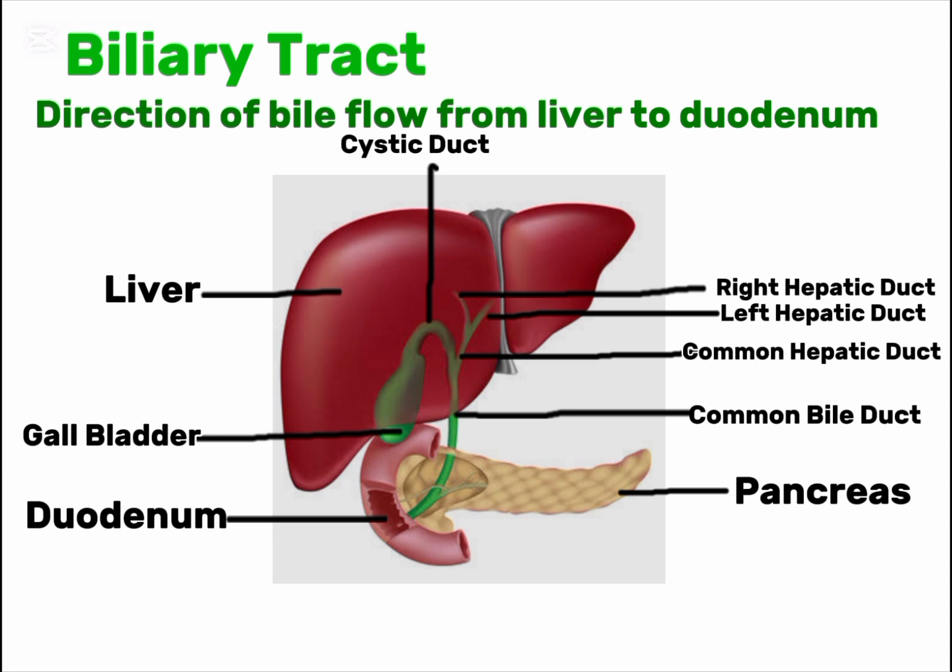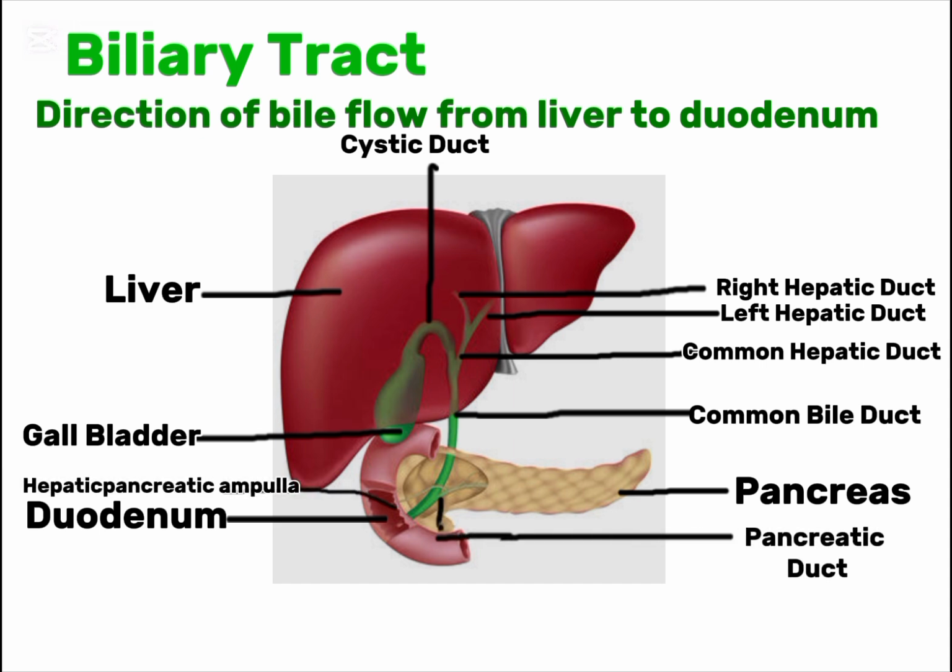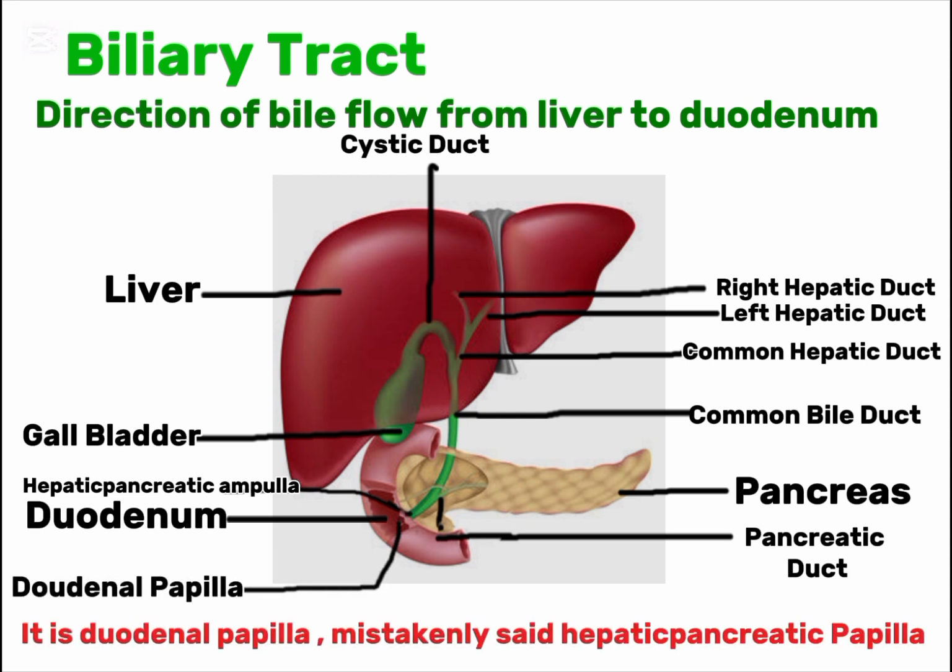This common bile duct goes behind the head of the pancreas and joins the common pancreatic duct at the hepatopancreatic ampulla. It enters into the duodenum at the hepatopancreatic papilla, which is controlled by sphincter of Oddi or hepatopancreatic sphincter.